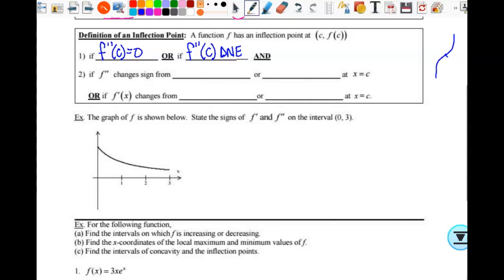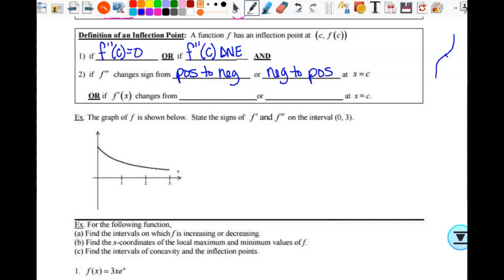So this has to be true, and f double prime changes signs from positive to negative, or negative to positive at x equals c. So that's f double prime.